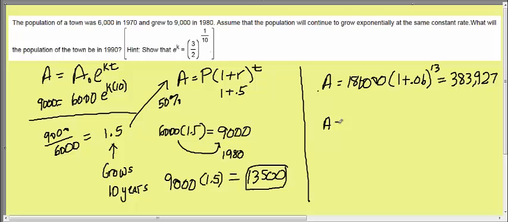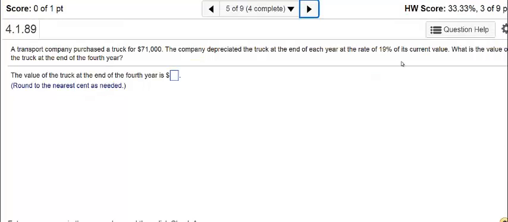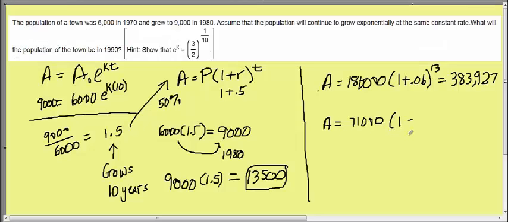We've started with 71,000 here. And this time, though, we're depreciating by, I believe it was 19%. Yeah, 19%. So we're going down by 19%. So that is minus 0.19.